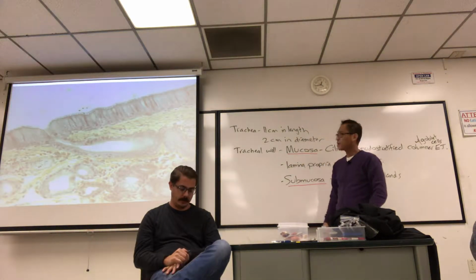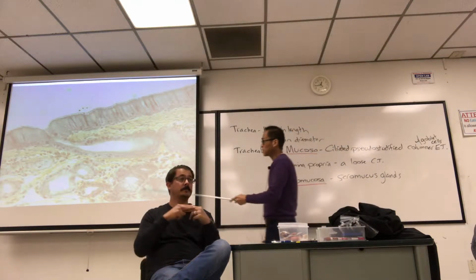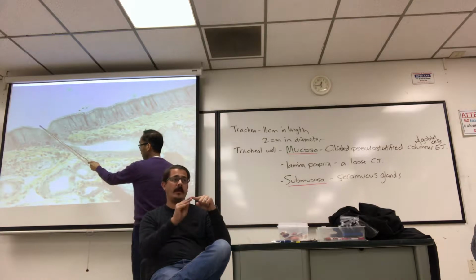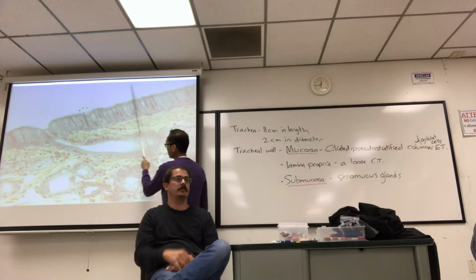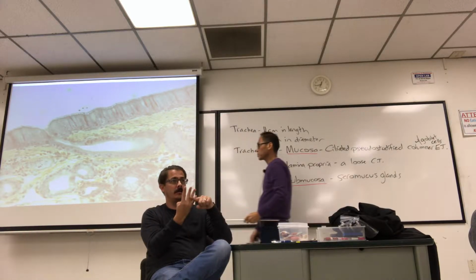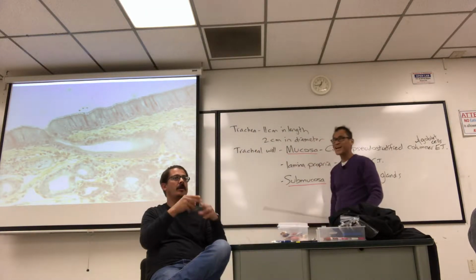On this slide, I like it because with the seromucous gland, you can see it going all the way and emptying on the top there. So imagine a big layer of mucus on here, along with the cilia beating in a rhythmic fashion. There's a function called the mucus escalator.